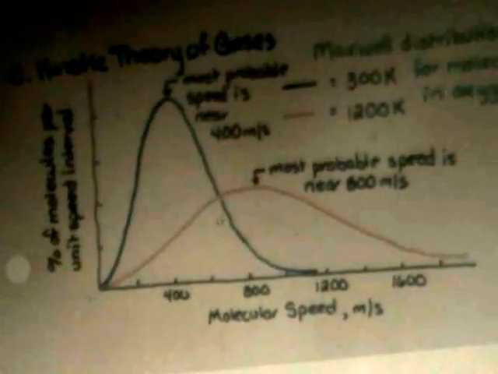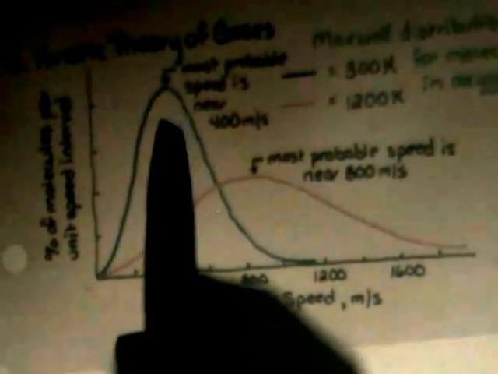With the red graph, when it's raised to 1200 Kelvin, the most probable speed is about 800 meters per second. So they're going much faster under those hotter temperatures. Now, the average of these velocities is going to be your next arrow over. The next arrow just to the right of the one pointing to the crest is going to be your average.